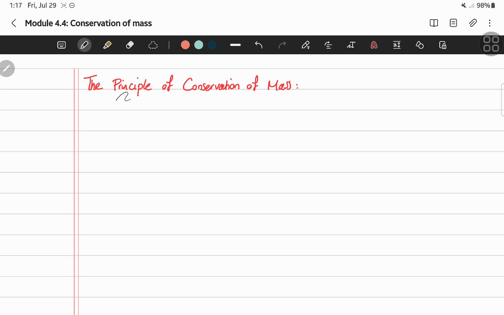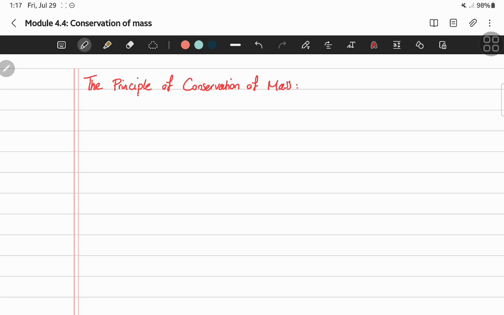Based on this principle, we may say that if we select a fixed part of a material, this part of the material should be constant at all time. So its mass does not increase or decrease.